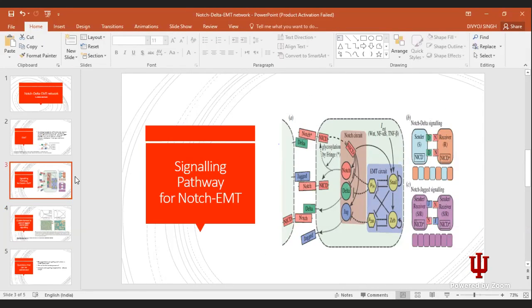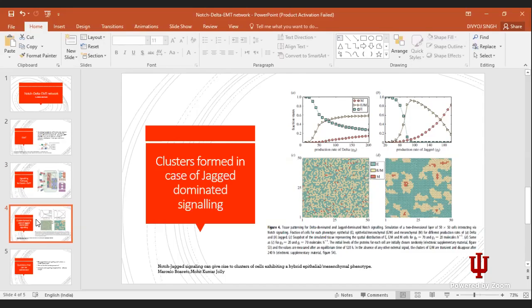When delta signaling is dominant, you only see salt and pepper behavior. But when jagged is dominant, you see clusters of mesenchymal and hybrid cells form.